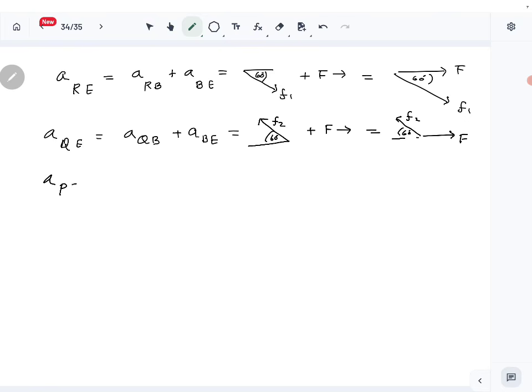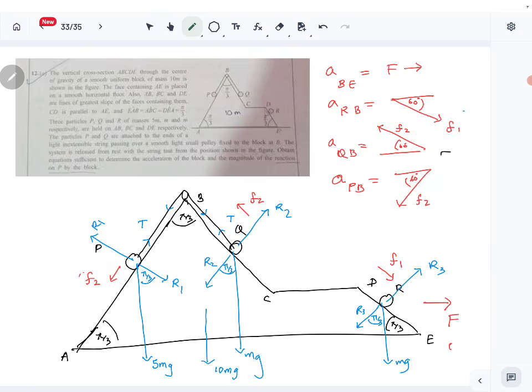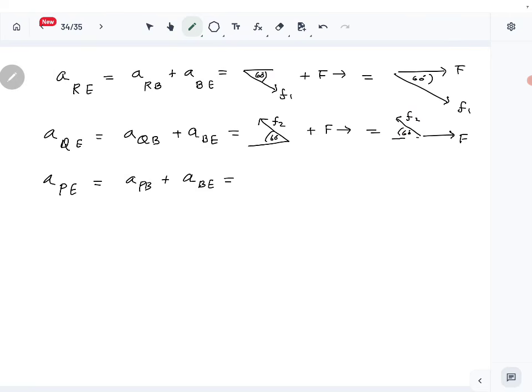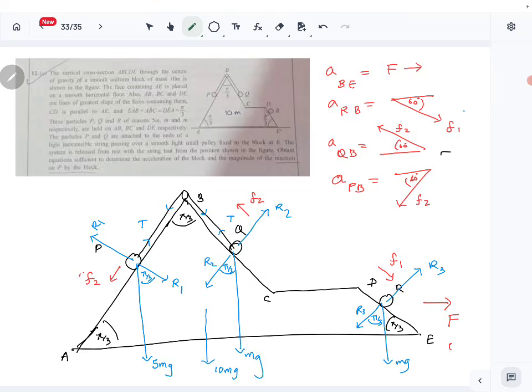And finally A P E, A P B plus A B E. So that will be what? Down f2 with a 60-degree angle plus F, right?